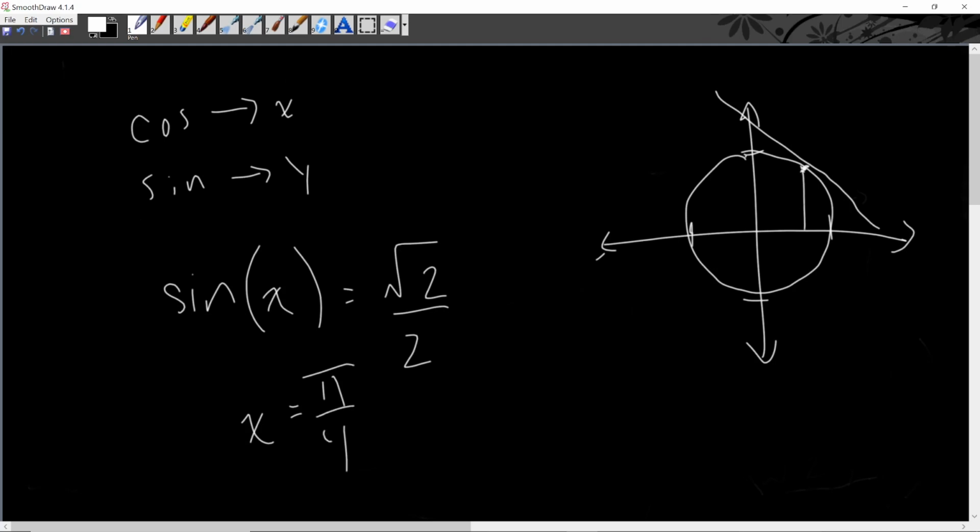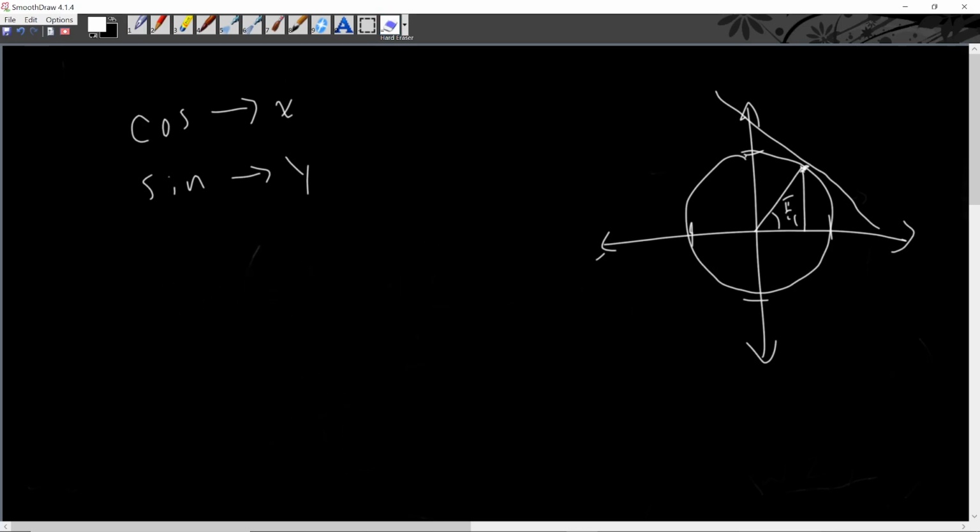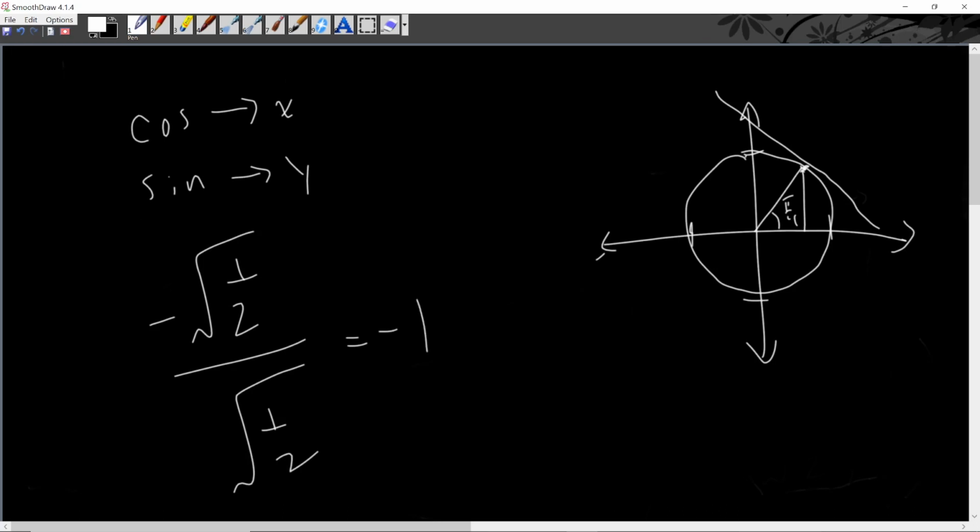So if we were to drop a line, this angle is going to be pi over 4. So the slope of the tangent line at that point is going to be negative root 1 over 2 over root 1 over 2, which is going to be negative 1. And if we just look at this graph and pretend it was a good one, we could say that the slope of a tangent line at that point is going to be negative 1.